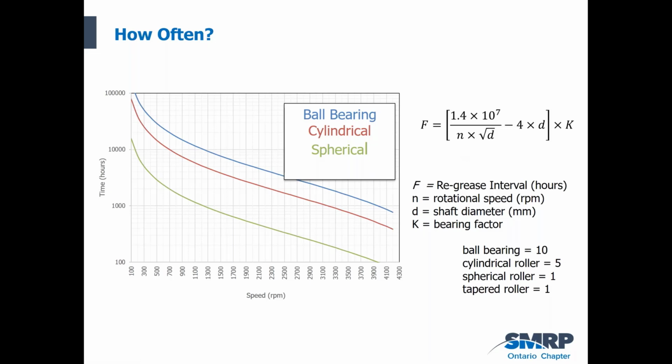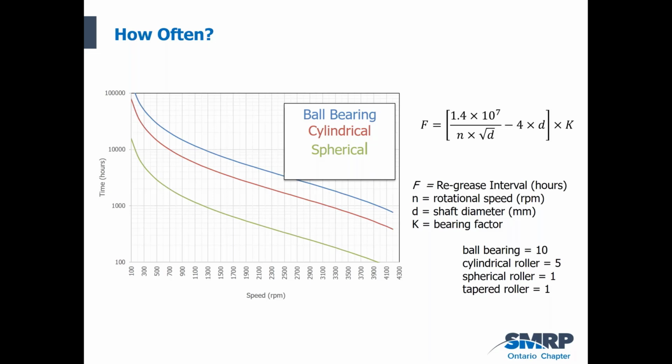It uses the rotational speed in RPM, it uses the shaft diameter in millimeters, and then uses a bearing factor, which depends upon the type of bearing. So whether we're using a ball bearing, a cylindrical roller bearing, spherical or tapered roller bearings. So again, I won't go through the math, but we can just plug the numbers in there. And what that will kick out for us is an estimated regreasing interval in hours.